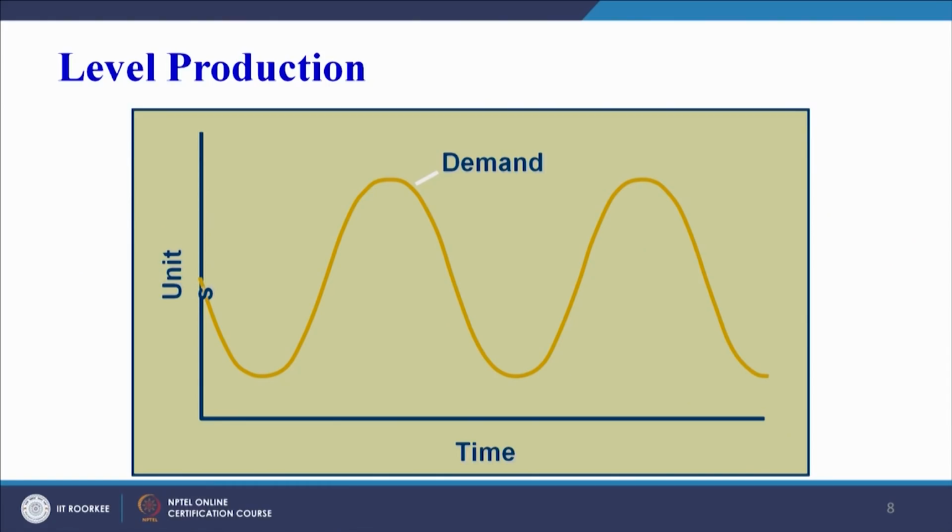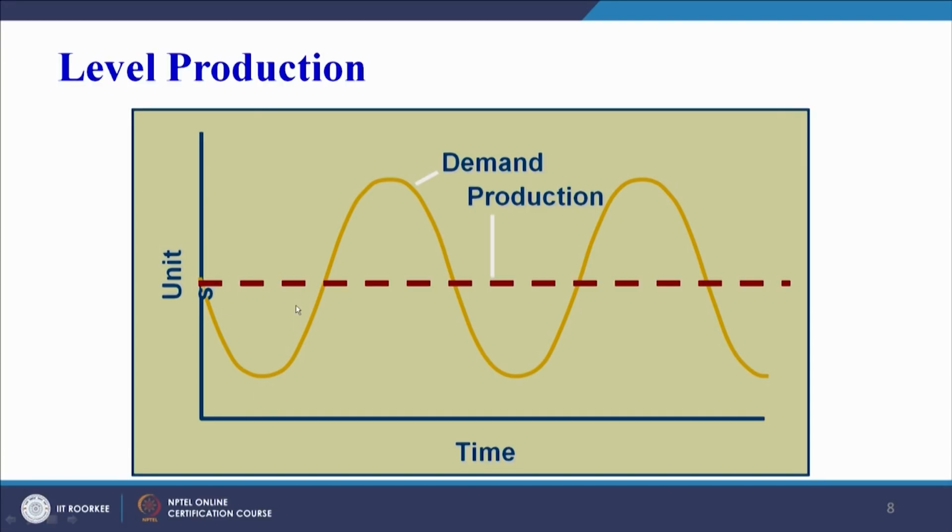So this is level production, this is the variation of the demand over a period of time, and in level production we will do uniform production all around the year. So we can see that wherever the demand is more, we are producing less, but wherever the demand is less, we are producing more.